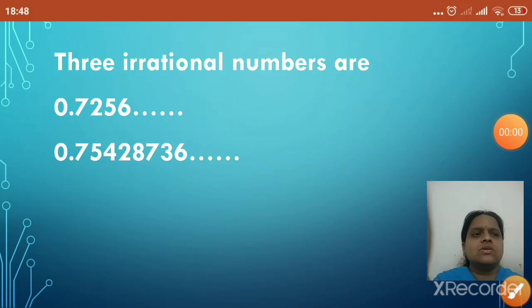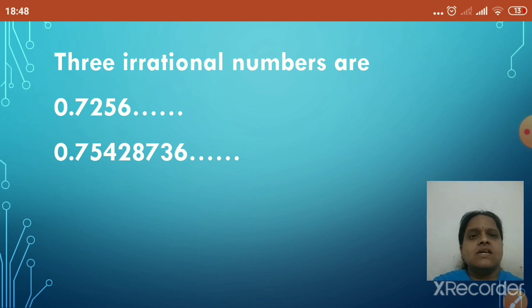So let the 3 irrational numbers be 0.7256 and dot dot dot. Between 0.71 and 0.81, I have taken the first 2 digits as 72. You can take the first 2 digits anywhere between 71 and 81, and the next digits of your choice.